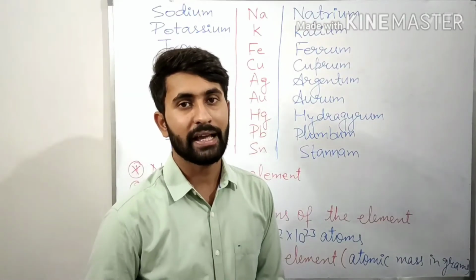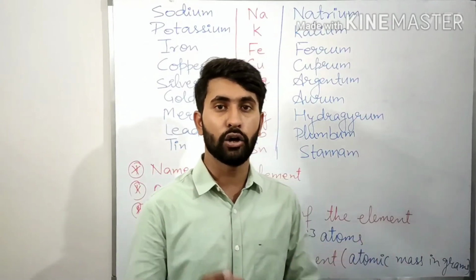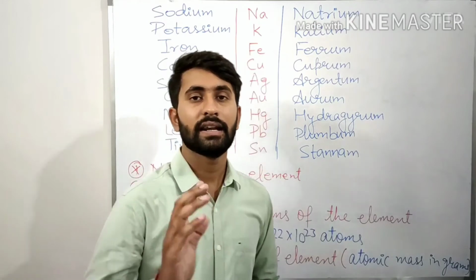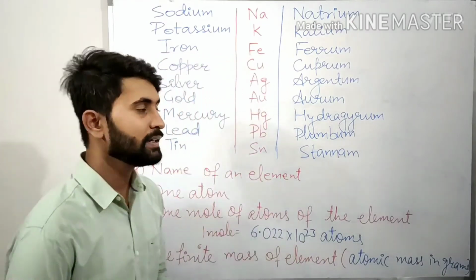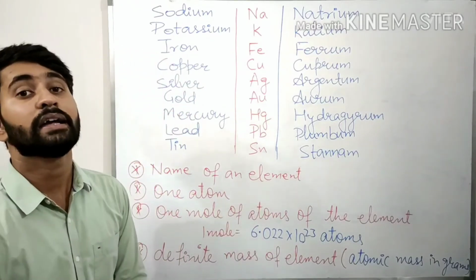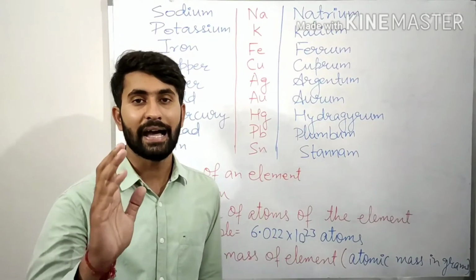The symbol of an element not only represents that element, but along with that it represents many other things. The symbol of an element represents the name of the element, and it also represents one atom of that element.